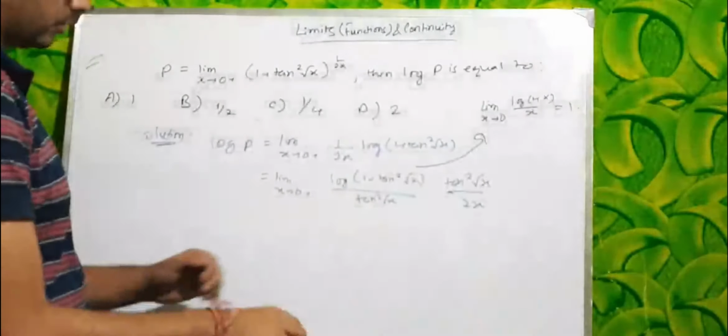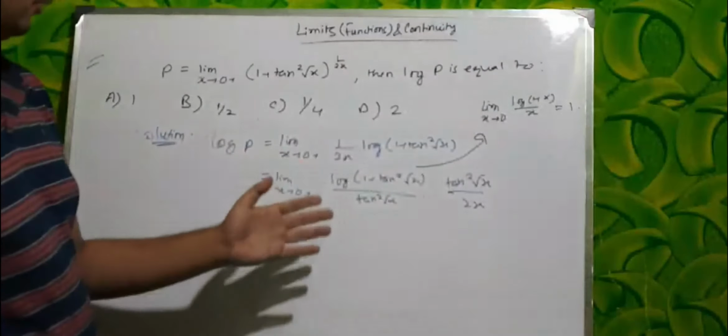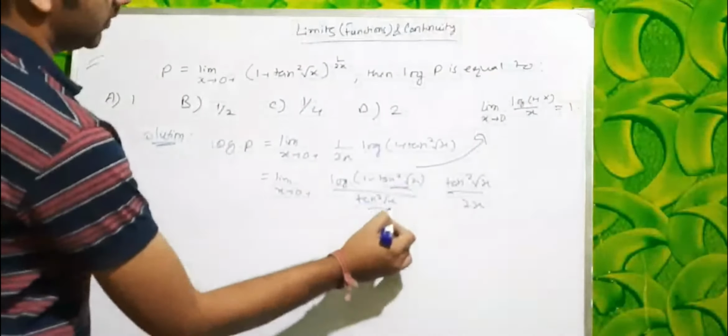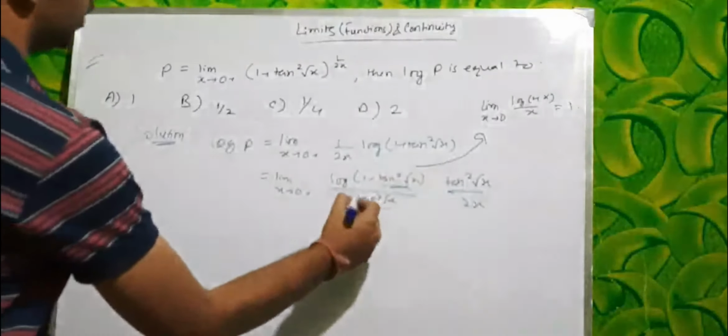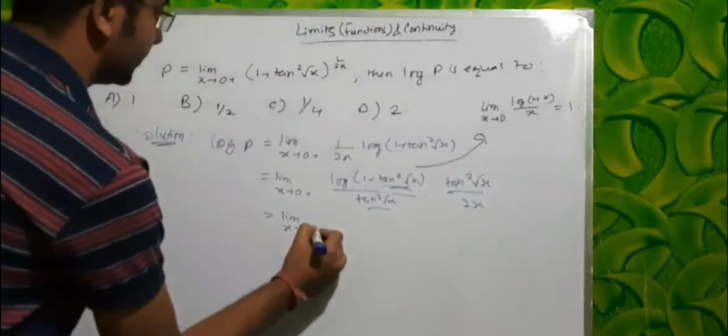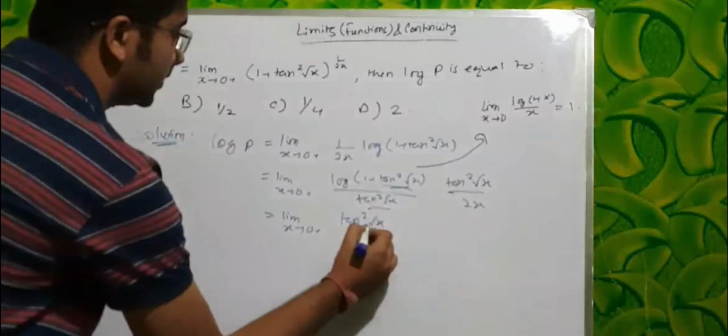We are not going to do all that because that would take time, and we don't have much time in WBJEE or even in JEE. So we check that this is similar to u tending to 0. That would work, so this is going to 1, and what is left is tan square root x.